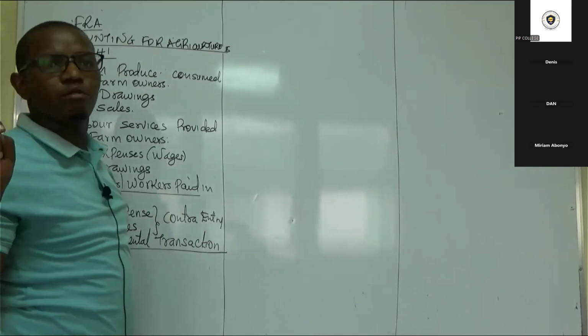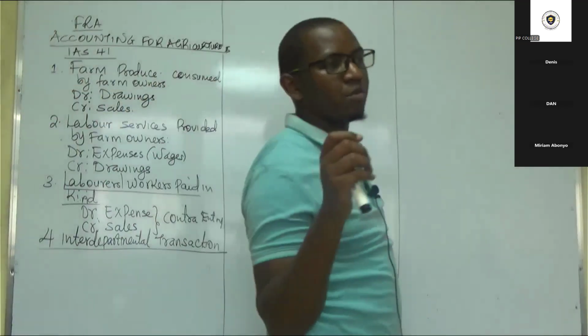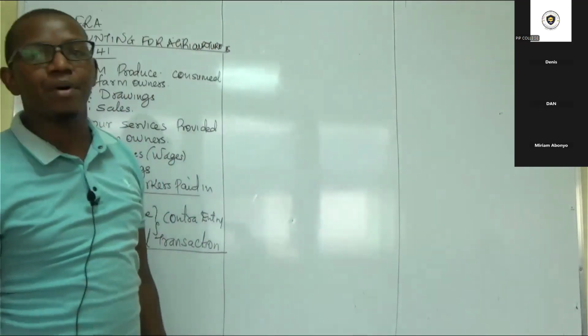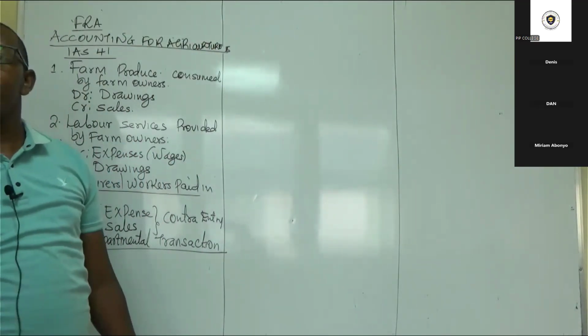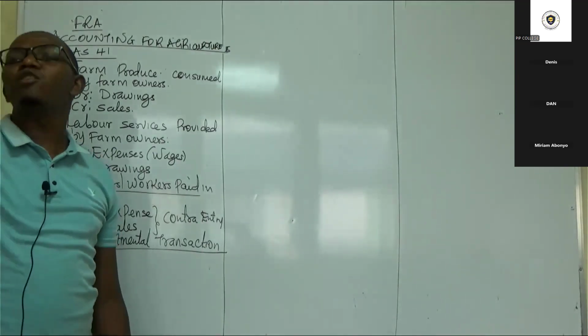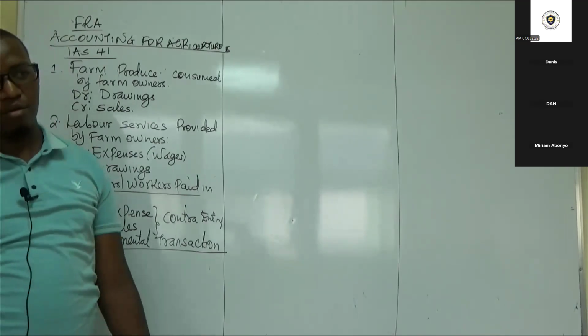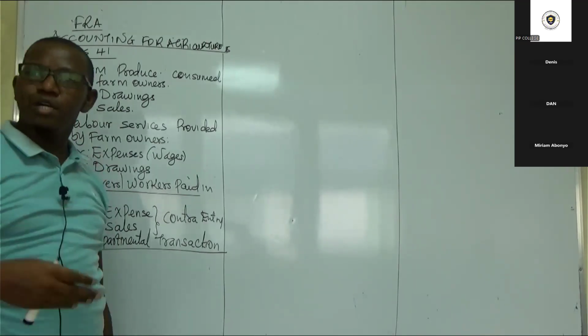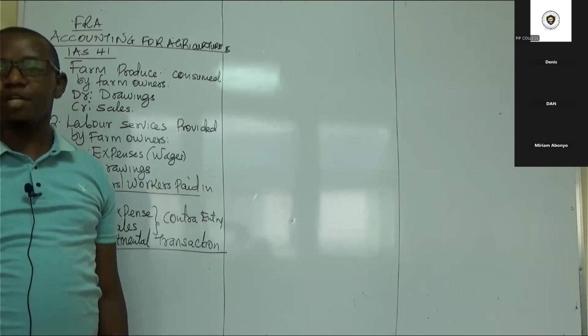When we talk of the interdepartmental transaction, this is where, let's say, we have the livestock department, and we have the crop department. So the crops may be consumed by livestock, or livestock may give crops manure. That is what we call the interdepartmental transaction.